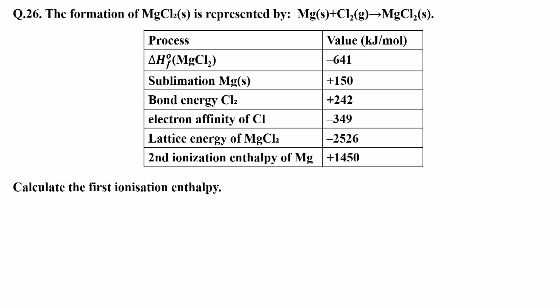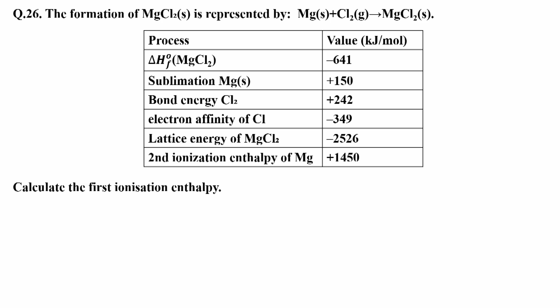Electron affinity of Cl is also given minus 349 kilojoule per mole. Lattice energy of MgCl2 is minus 2526 kilojoule per mole, and second ionization enthalpy of Mg is given plus 1450 kilojoule per mole. We have to calculate the first ionization enthalpy of Mg, because Mg is 2+ here.